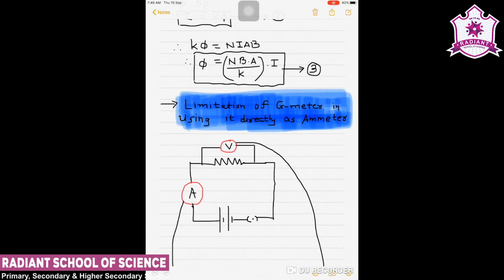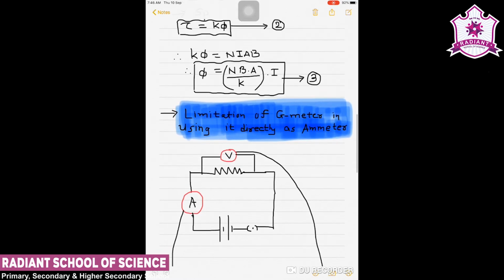In the same manner, if I want to measure voltage and use it as a voltmeter, I have to connect it in parallel with the portion, as shown in the figure above. But again the problem is that if we use it as a voltage measuring instrument, it cannot have the value of resistance that we want.